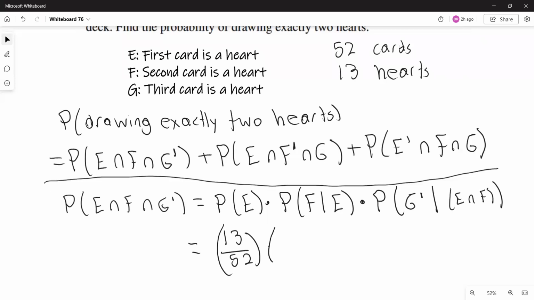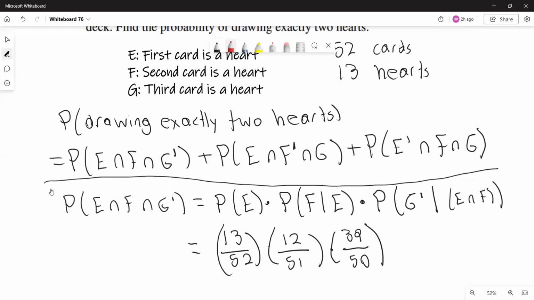The probability that the second card is a heart, given that the first one is a heart: if the first one is a heart, and you are drawing cards without replacement, there are 12 hearts left and 51 cards left. And the probability that the third is not a heart, given that the first 2 are hearts: there are 50 cards left and 39 cards that are not hearts left.